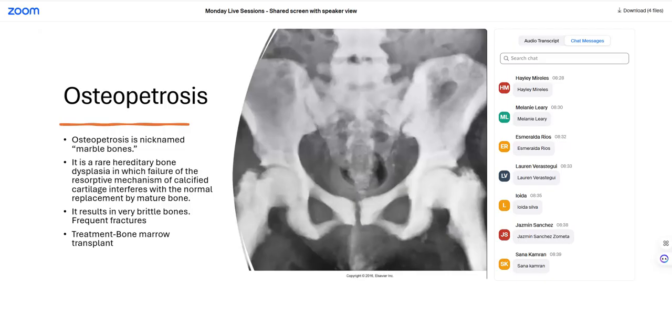So in turn, it results in very brittle bones. So even though it's looking white there, like it's thick, it's actually brittle bones. And really the only treatment for it is a bone marrow transplant. Patients with this will get frequent fractures if they fall or get injured.